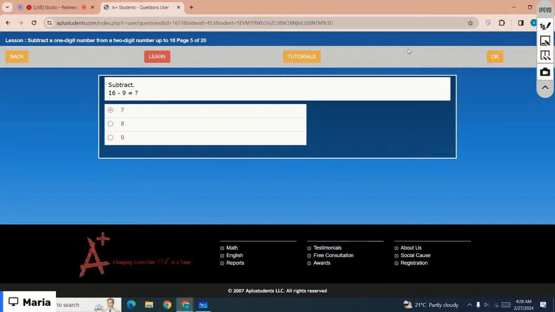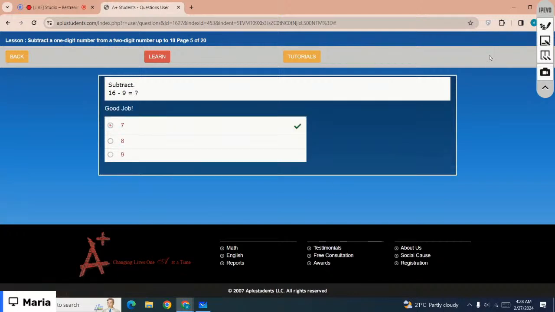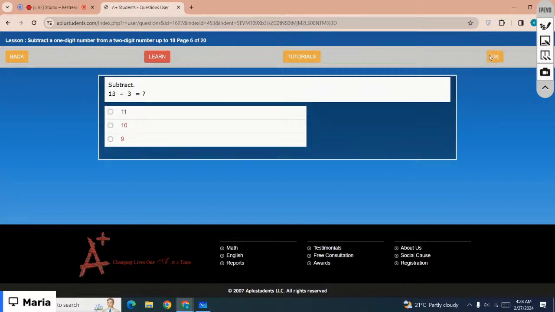Option number 1 is the correct option. The next one is 13 take away 3. Which is the correct option?